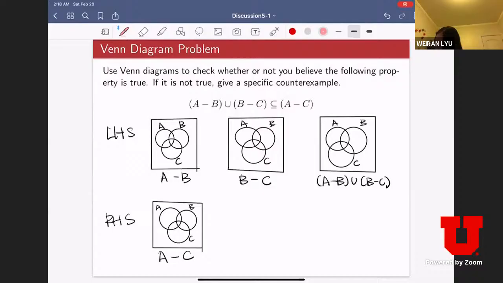All right, so the A subtract B should be all the elements in set A, but subtract the part that intersects with B. So we should be this part.